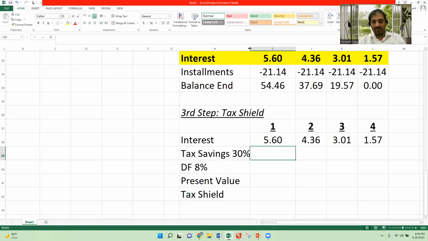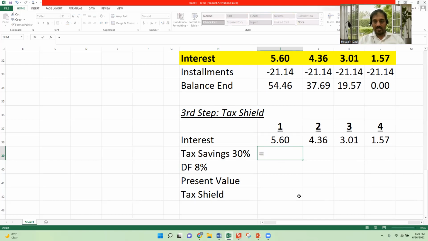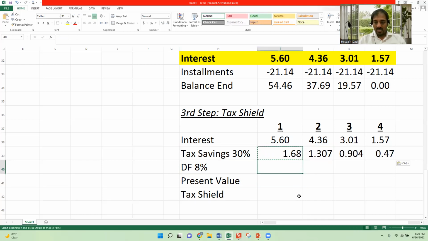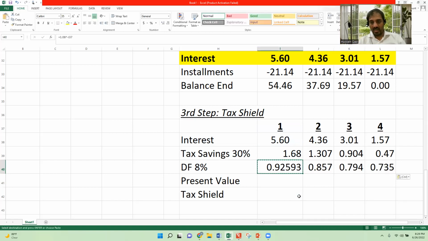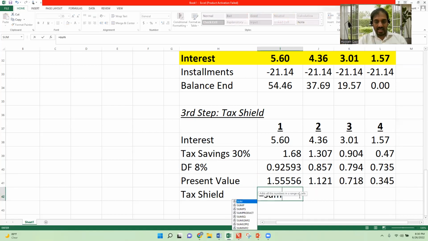Can you please apply with me? All of you are with me. Is equal to multiply by 0.3, is equal to 1.08 minus 1.0, Control C, Control V, is equal to 1.68 multiply by this one, Control C, Control V, and is equal to sum, this amount.